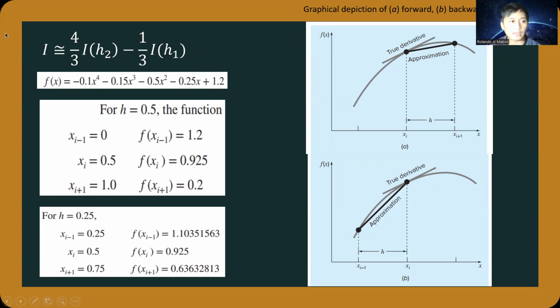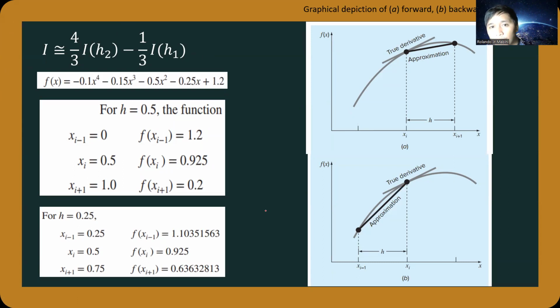This is the Richardson extrapolation formula that we derived earlier, and then the given function. So these are the computed values in example 4.4 for h equal to 0.5 and for h equal to 0.25.